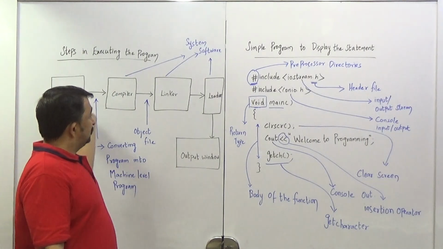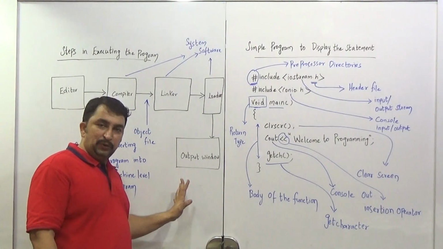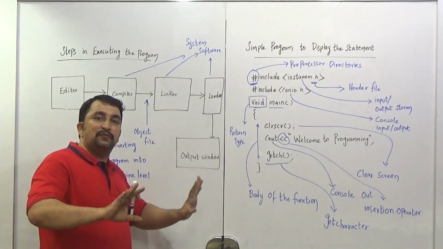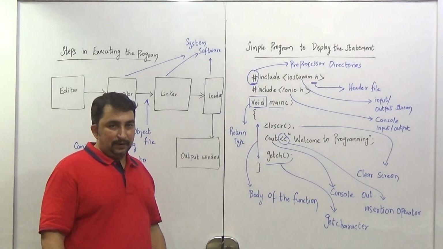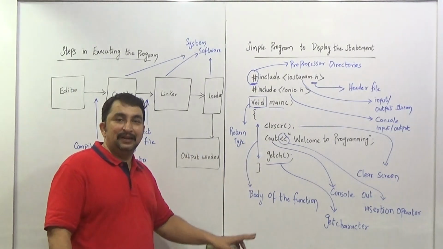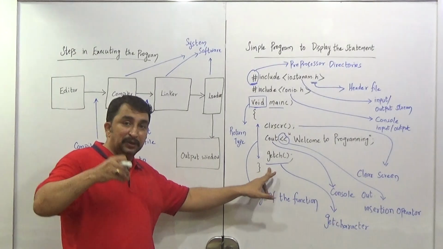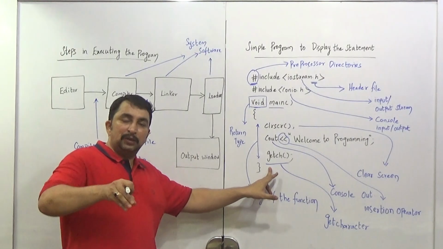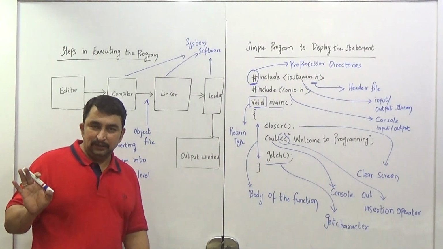If it is coming to this program, the output window will be displayed for some time. That means the program has not yet terminated until it gets the value. That is what I told you. To terminate the program, you need getch. Is it clear?